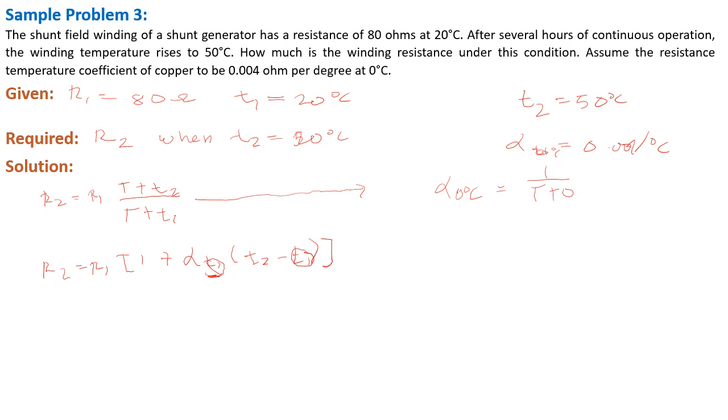So you can actually solve for T, which is now equal to 1 over this number, because T plus 0 is just T. If you try to use your calculator, 1 over 0.004, that's 250.